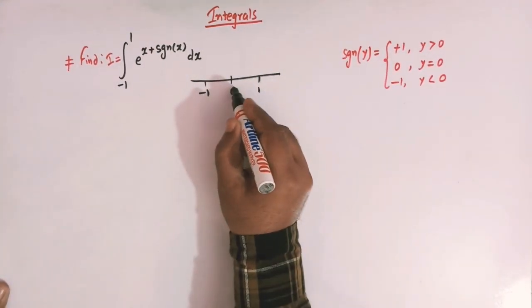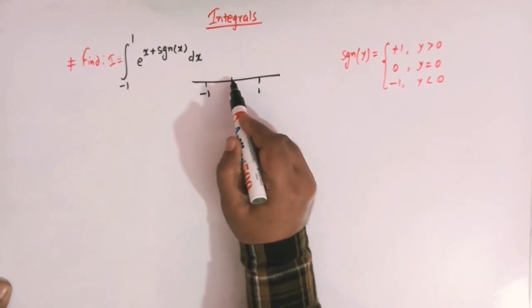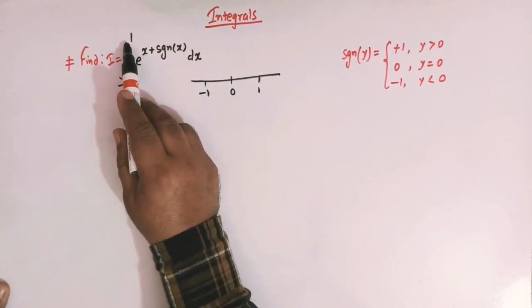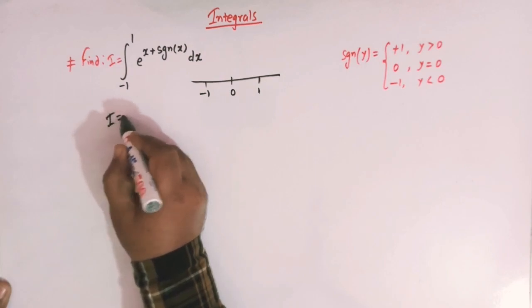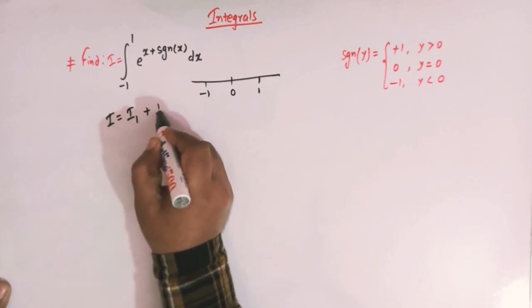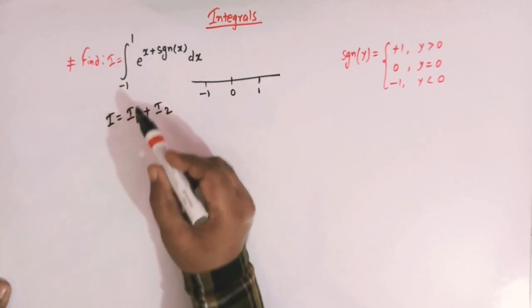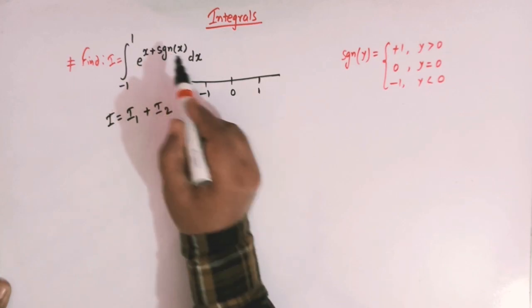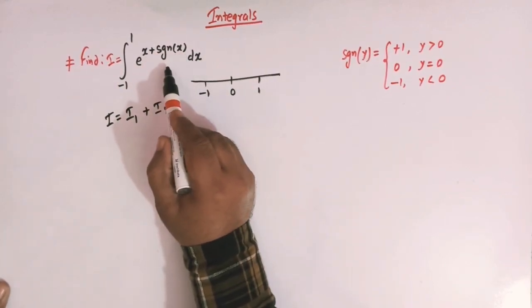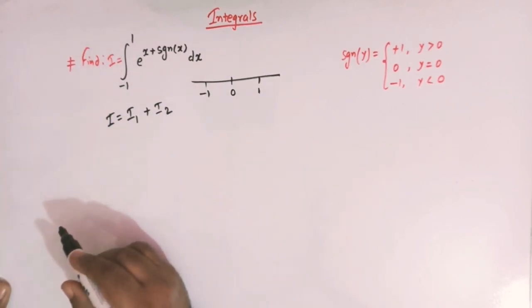This integer 0 plays a significant role, because we can break this integral as a sum of two integrals, say I1 and I2. We split the integral because the signum function allows us to divide it as a sum of two integrals.